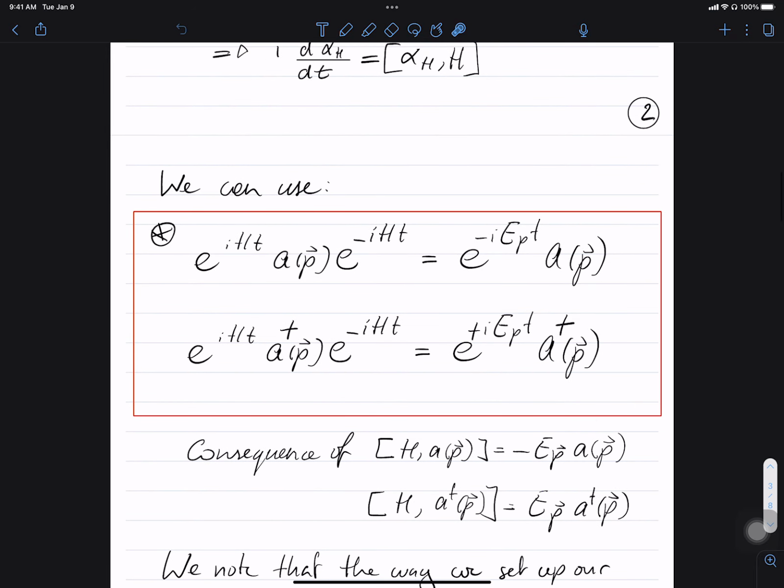Furthermore, we can prove and use the fact that the annihilation and creation operators sandwiched between U and U dagger are just mapped to themselves times an exponential function with the energy.